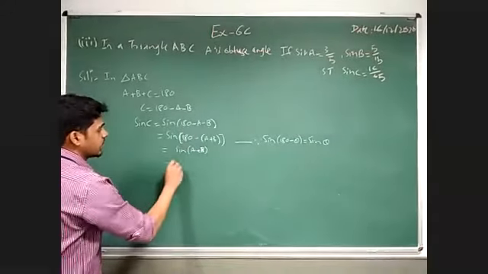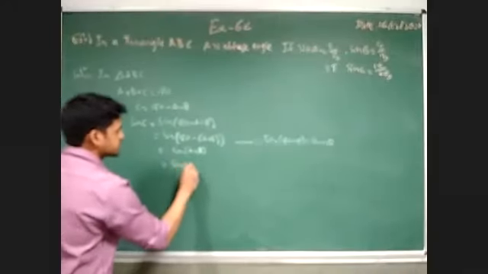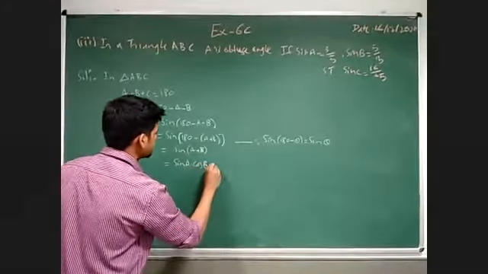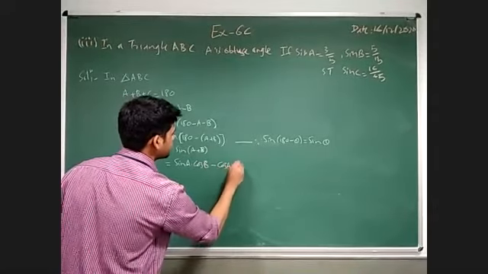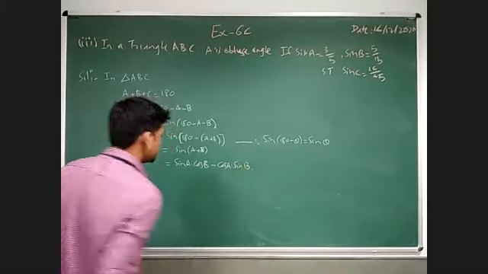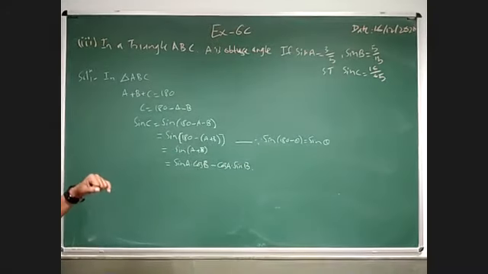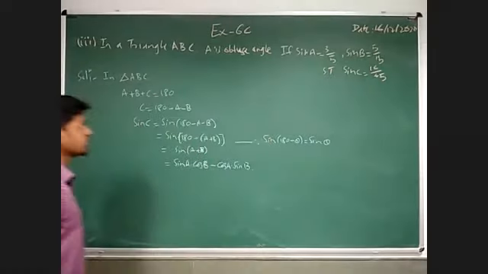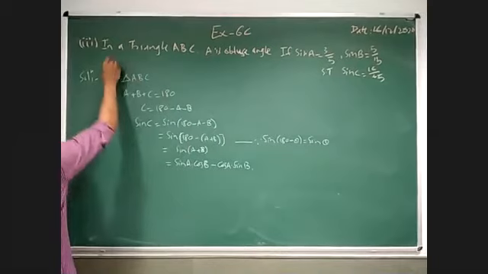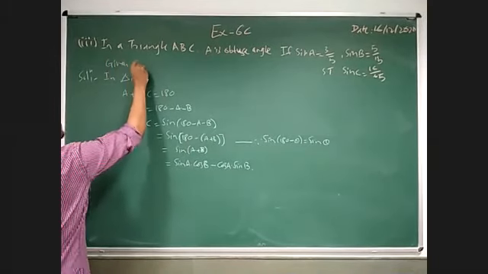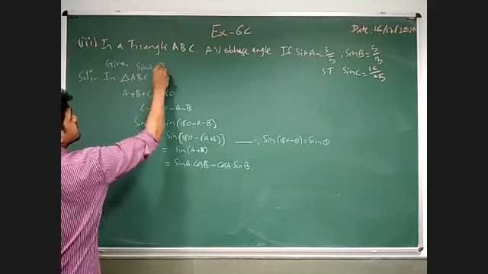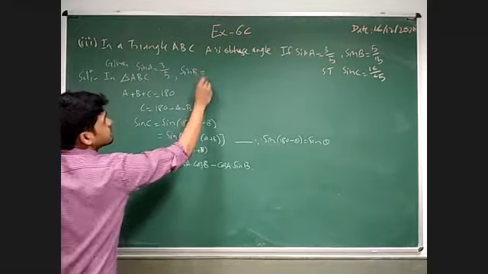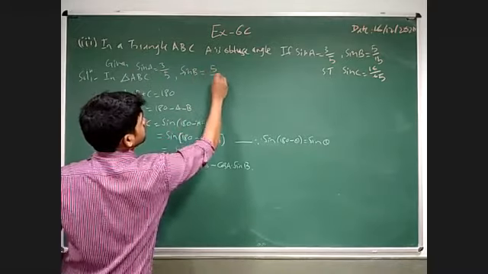So here I am going to use the compound angle formula, that is sin A cos B plus cos A sin B. But here only sin A and sin B are given. Sin A is given, that is 3/5, and sin B is given, that is 5/13.